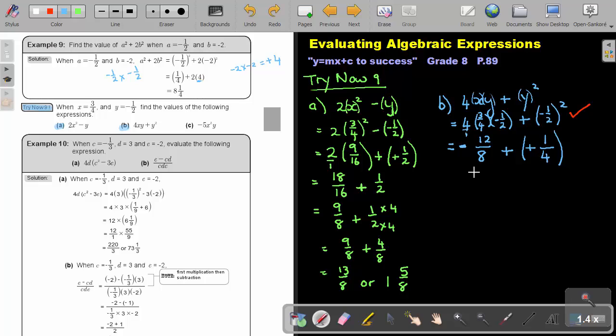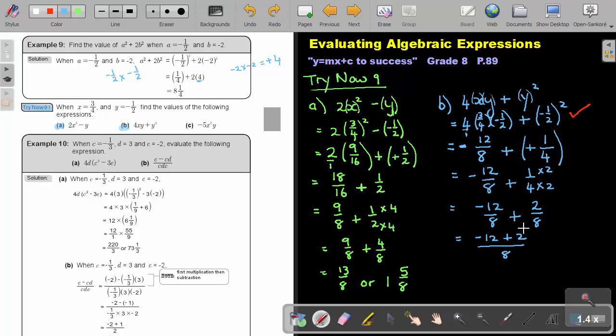Okay. Now, I can simplify this, or I'm just going to get rid of the brackets. So I think the best will be just to multiply 2 and to multiply 2. So it will be negative 12 over 8 plus 2 over 8. Now, don't forget, this is negative numbers involved. So if the signs are different, I'm just even going to write in this step so that you can really see it nicely.